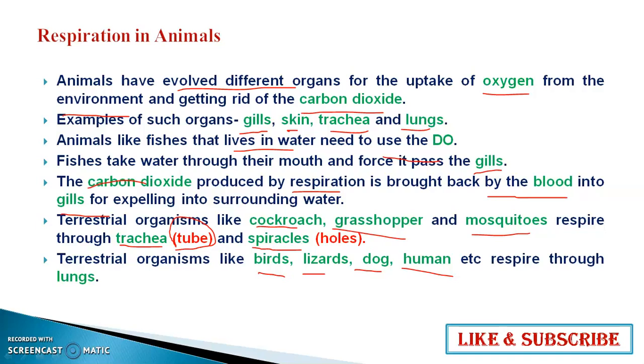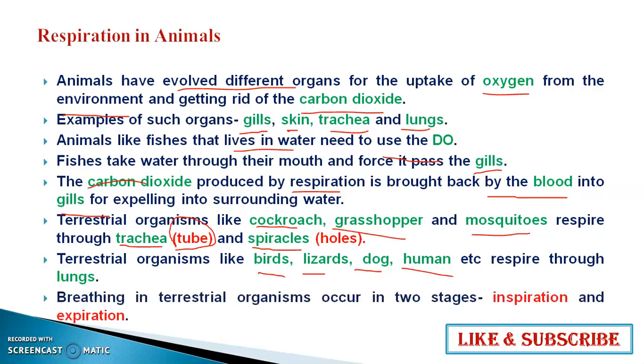A very special case among terrestrial organisms is the frog. The frog is an example of an amphibian, which means it can live in both conditions, in the water body as well as on the earth's surface. So the frog can respire by both the skin as well as the lungs. The frog has both modes of respiration.